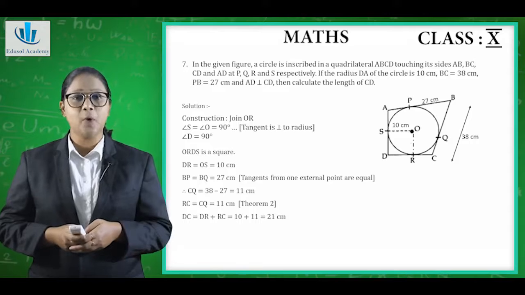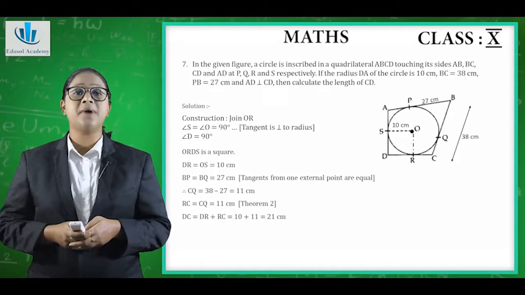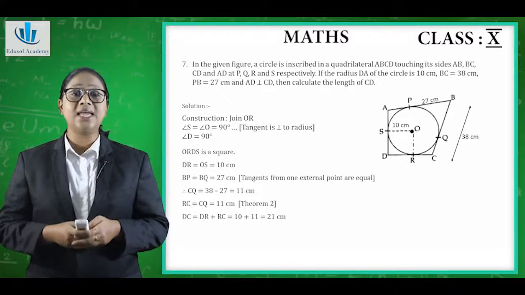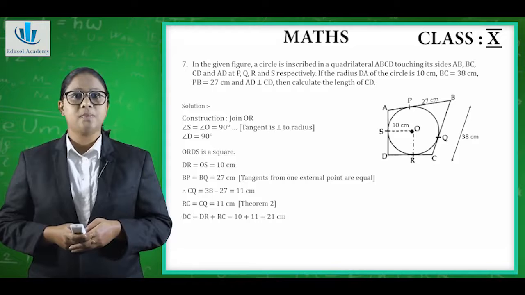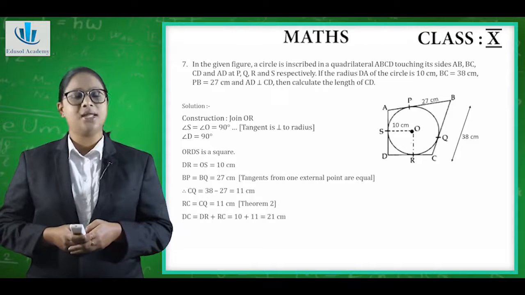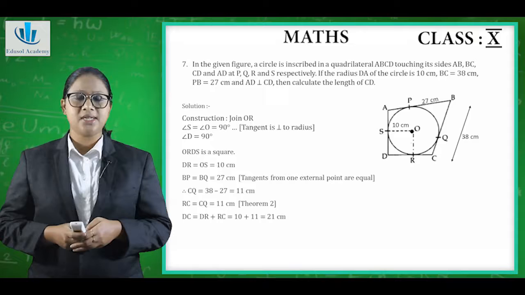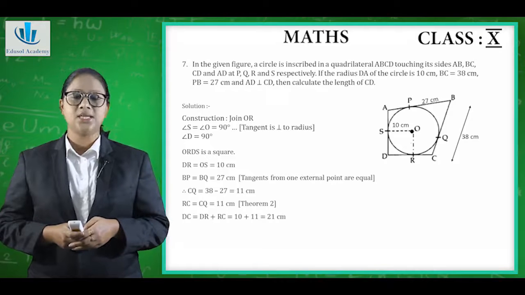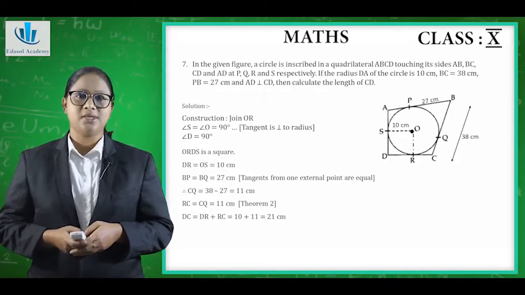Tangents from an external point are equal in length. So CQ can be found by subtracting 27 from 38. So 38 minus 27 will give you 11 centimeter. So CQ and CR are 11 centimeter, Theorem 2. So DC can be written as DR plus RC, that is 10 plus 11, 21 centimeter.